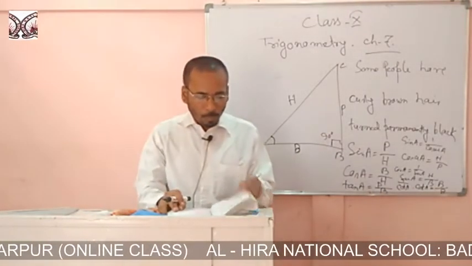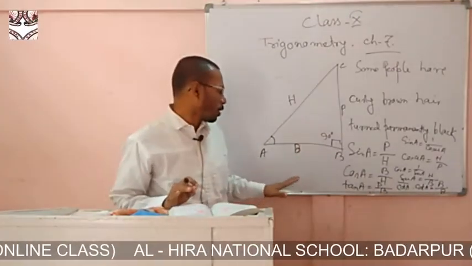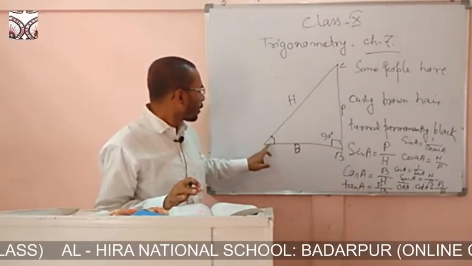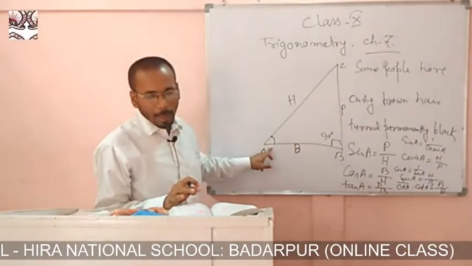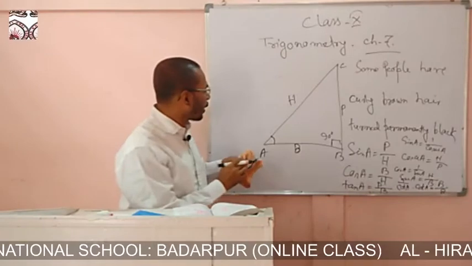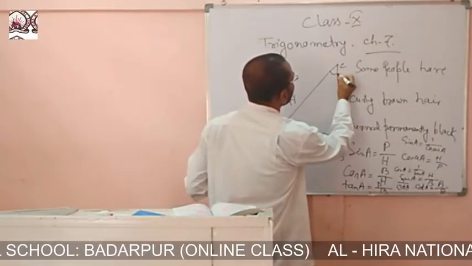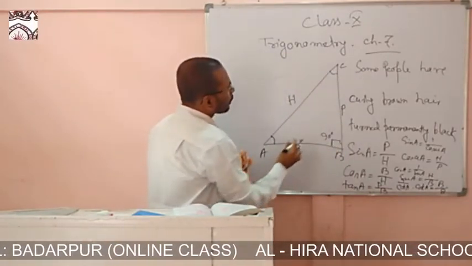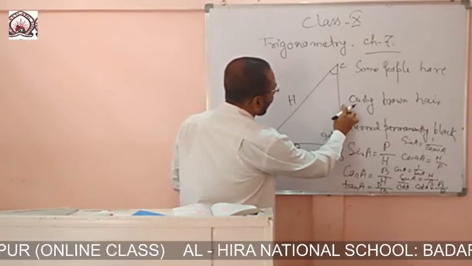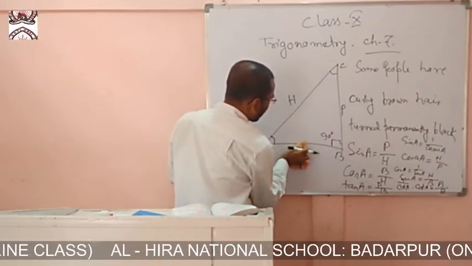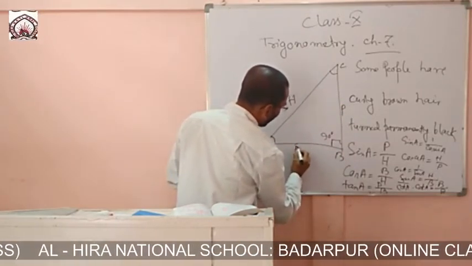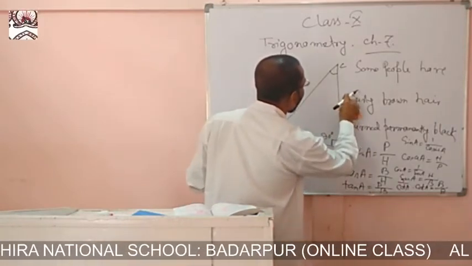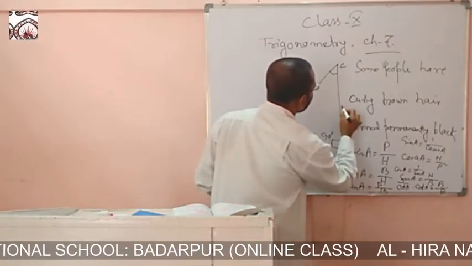Now, these are the 6 trigonometric ratios. Now look at this picture. If we take this angle A and if we take this angle C, then this perpendicular will be here. This will be P and this will be base.